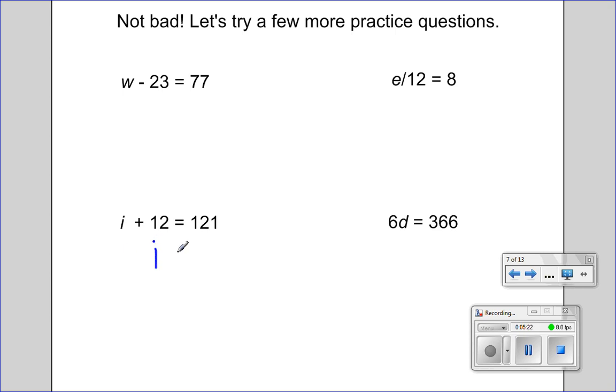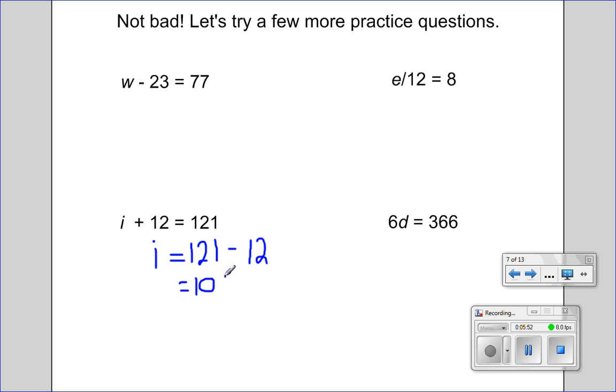So I'm going to leave I on the left. Going to keep the 121 where it is. And I'm going to pull the 12 to the right side. Now, since I added it on the left side, I'm going to subtract on the right side, and when I do, I get 109.